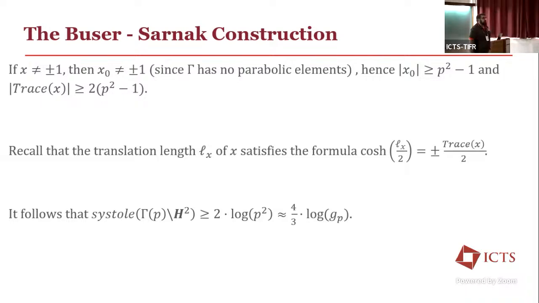The translation length of x, there's a formula for it involving hyperbolic cosine. It's hyperbolic cosine of the length over 2 is plus or minus trace over 2.